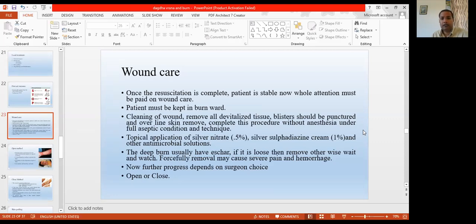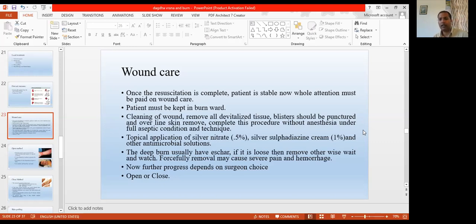In the second degree burn there is always a blister, which is the characteristic feature. You have to puncture those blisters, and all that dead skin should be removed so that you are giving a good environment for the wound to start healing.